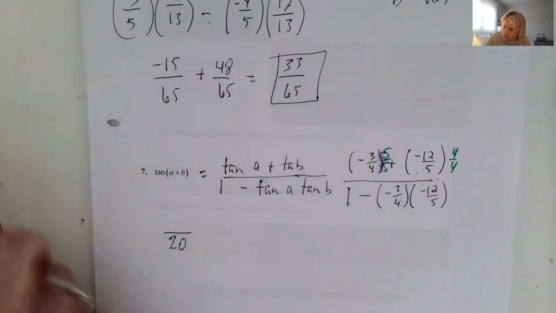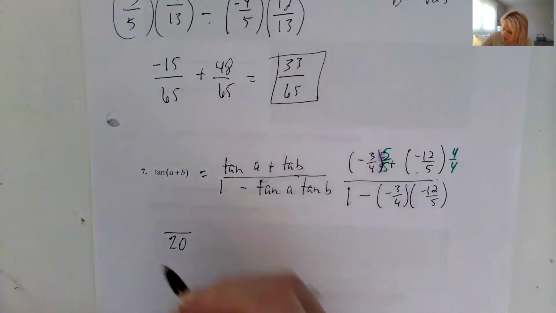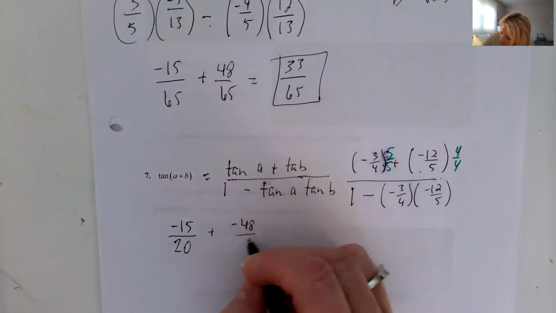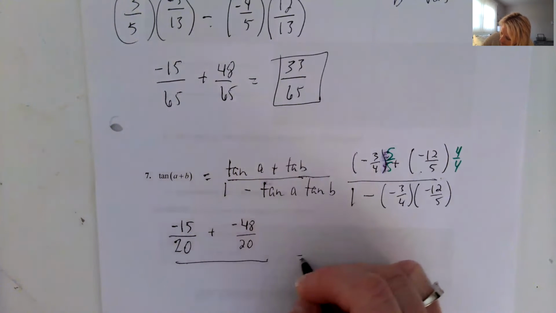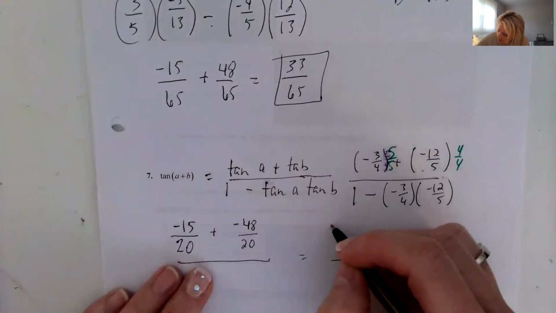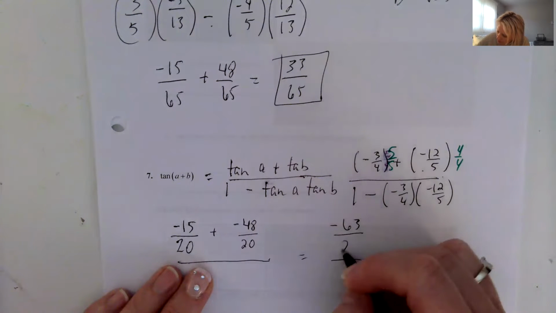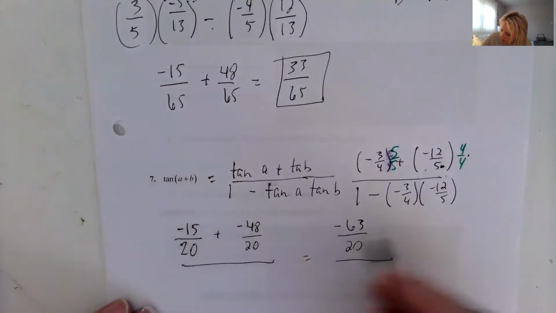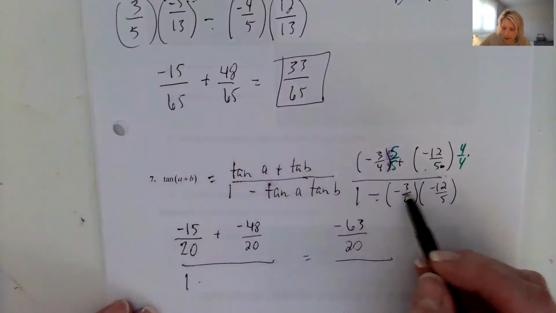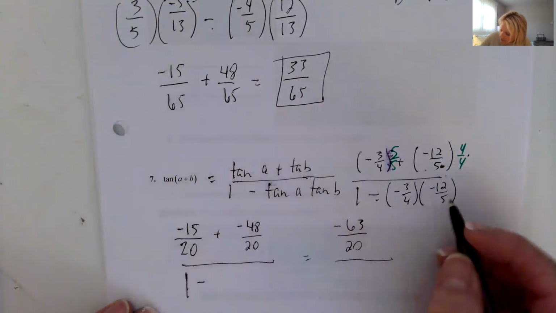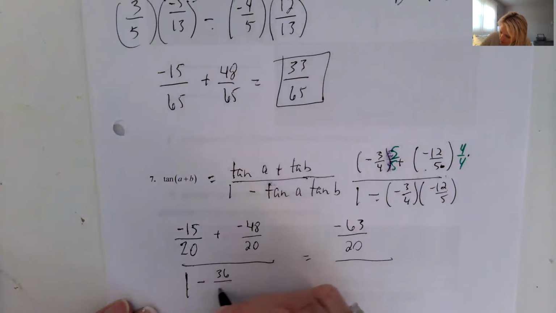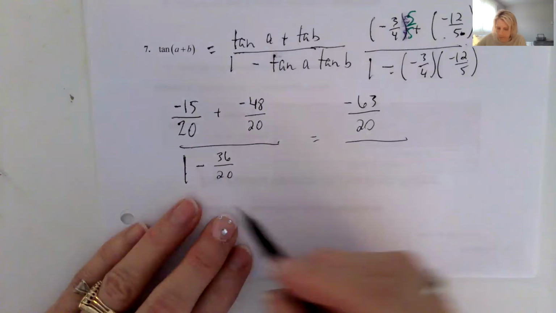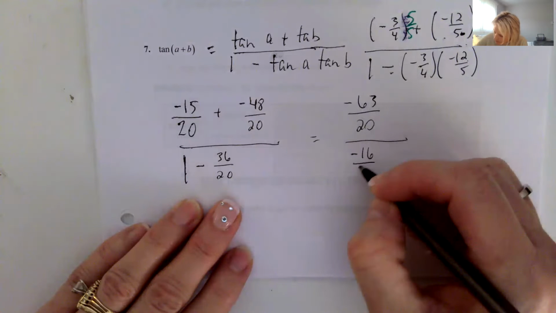So when we do, we get a negative 15/20 here plus a negative 48/20. So this becomes a negative 63/20. Okay, and then on bottom we have 1, and negative, negative, negative, so it's 1 minus 36/20. And then running a common denominator on the bottom, we would end up with a negative 16/20.